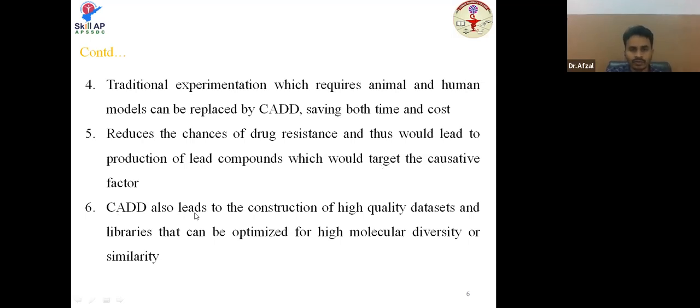CADD also leads to the construction of high quality data sets and libraries that can be optimized for high molecular diversity or similarity. And this will help the construction of a variety of chemotypes or data sets and libraries of compounds that can be optimized for differences as well as similarities between those particular chemotypes.